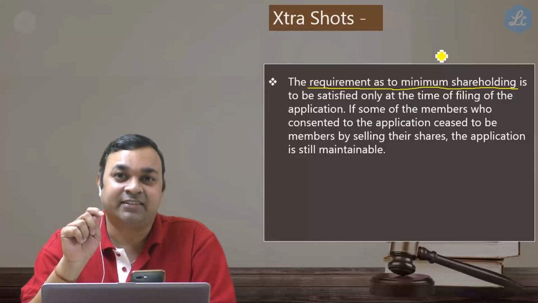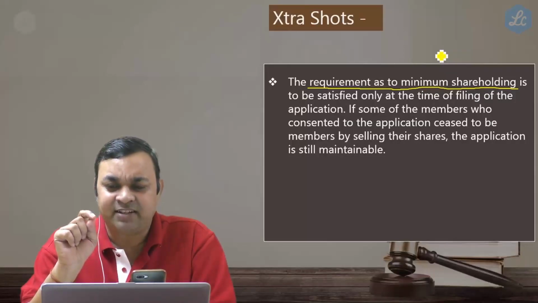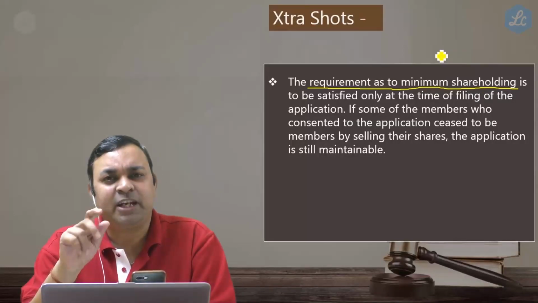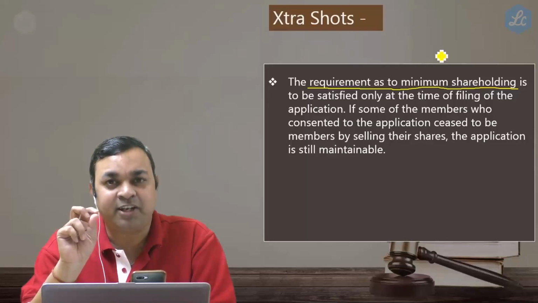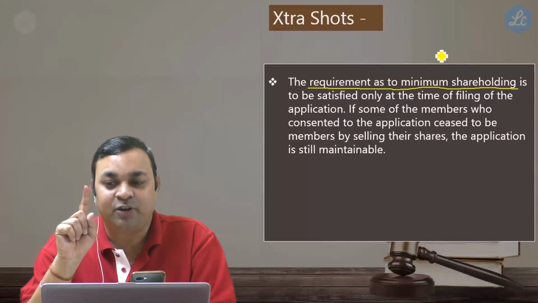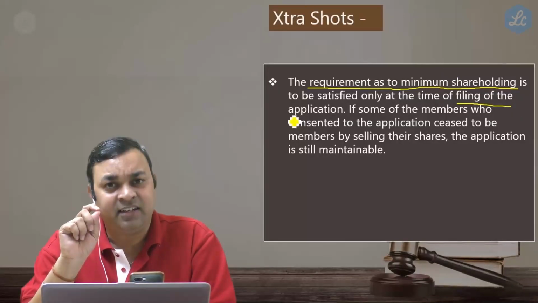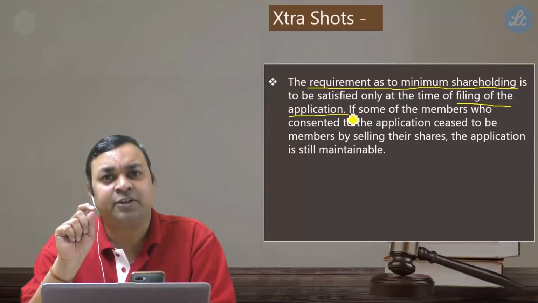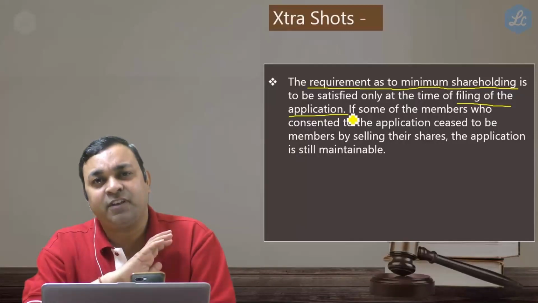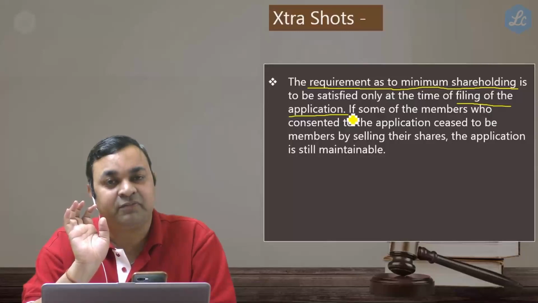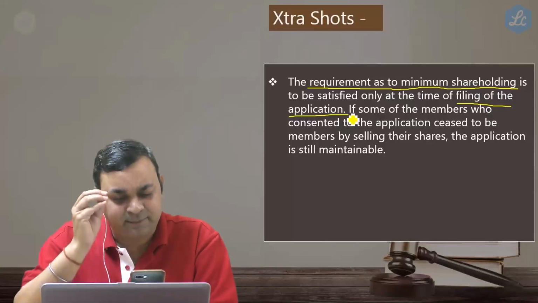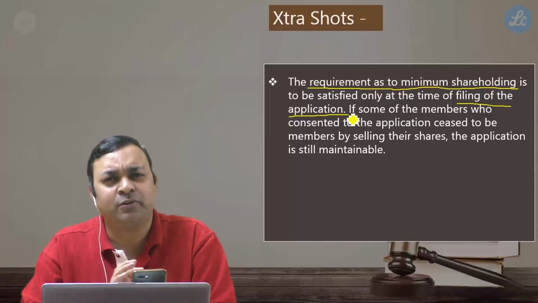Now in that case, what the law has mentioned is that the requirement of minimum shareholding should be qualified at the time of making the application, only at the time of filing of the application. Later on, if the members reduce to below 100, it will not affect your application's validity. Your application is absolutely valid. You need not worry for that.